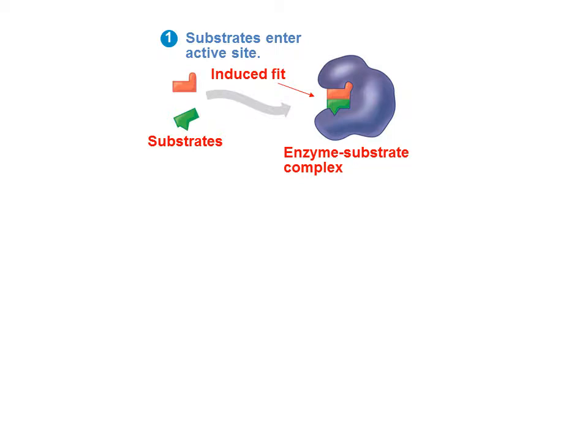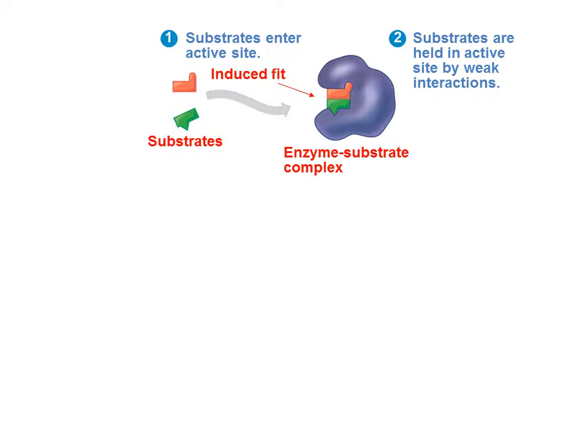This slide shows you how an enzyme will work. The substrate will bind to the active site of an enzyme. Once bound, a phenomenon called induced fit will occur. This means the active site will tightly fit the substrate. Now you will have an enzyme-substrate complex.